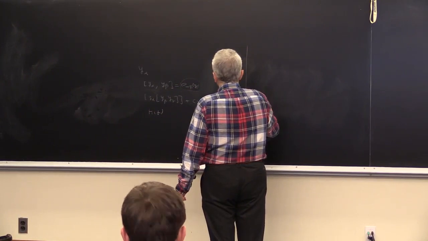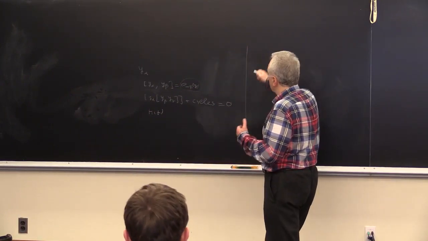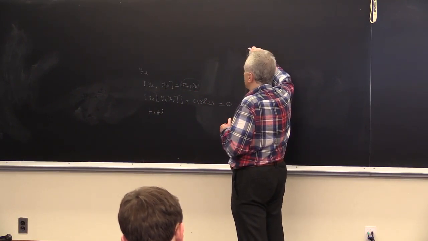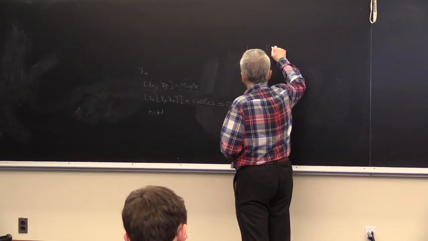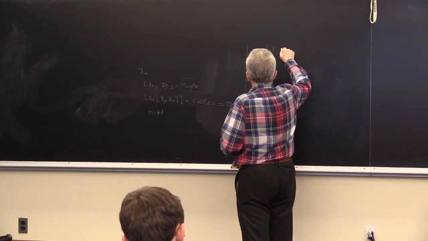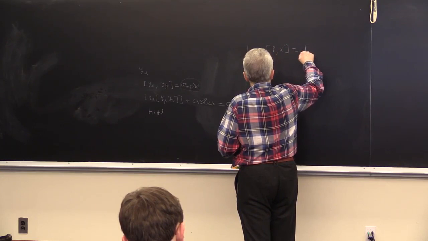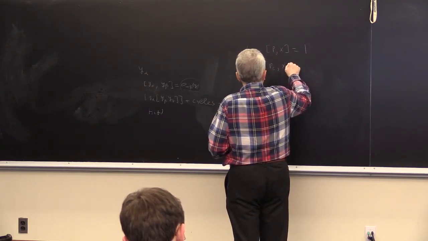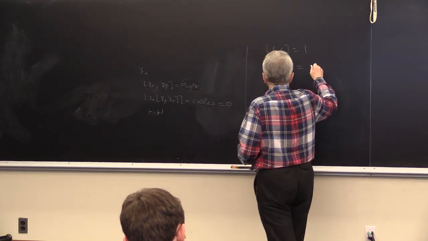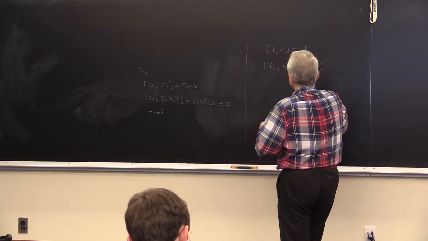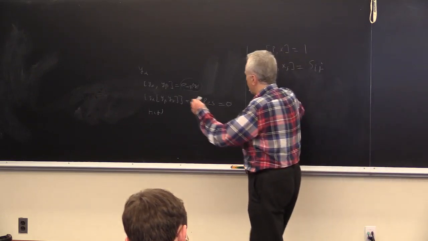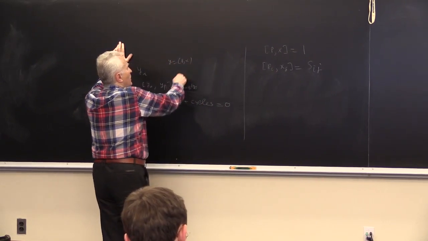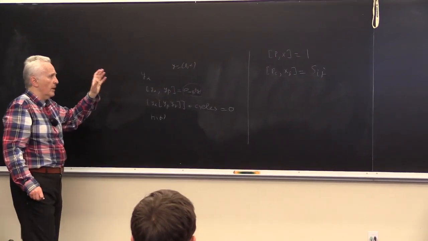And the most typical example, which covers the vast number of examples, is of a simple type. You have the bracket of p and x equal to 1, or more precisely, if you have many degrees of freedom, you have the Kronecker delta, and all other brackets vanish. You split the y's, so y is p and x. I'm just repeating what I said a couple of lectures ago.